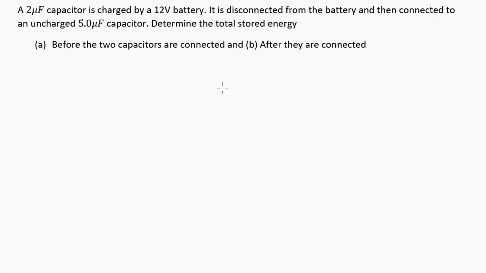Now determine the total stored energy: A, before the 2 capacitors are connected, and then B, after they are connected. So we'll go ahead and solve for A first. Now, before we can solve this, let's have a diagram of this representation.